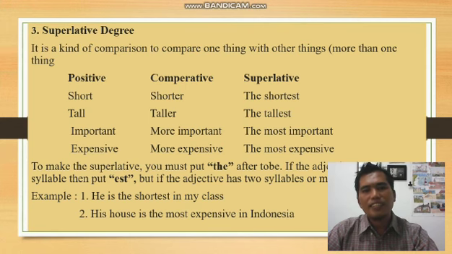Then we can say Ali is the shortest in my class. Number two, his house is the most expensive in Indonesia. Look, we put the and then most, because expensive has three syllables. That's why we put most. So you must remember all these clues, which are really important.